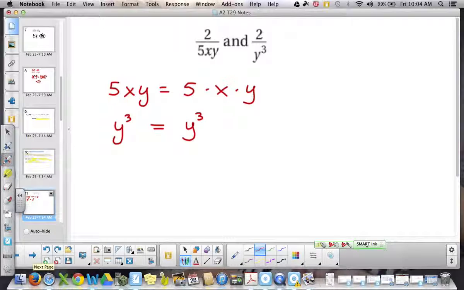So we want to write a product. Our LCD is going to be the product of the highest exponent of each factor that appears in either one of the 2 denominators. So we have a 5. We have x to the first power, the highest power of x that we see in either denominator. And y cubed is the highest power of y that we see in either denominator. So that would be our LCD, 5xy cubed.